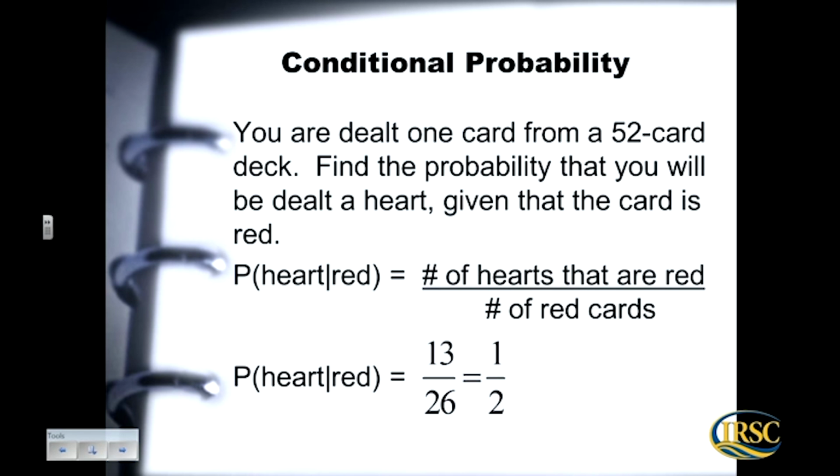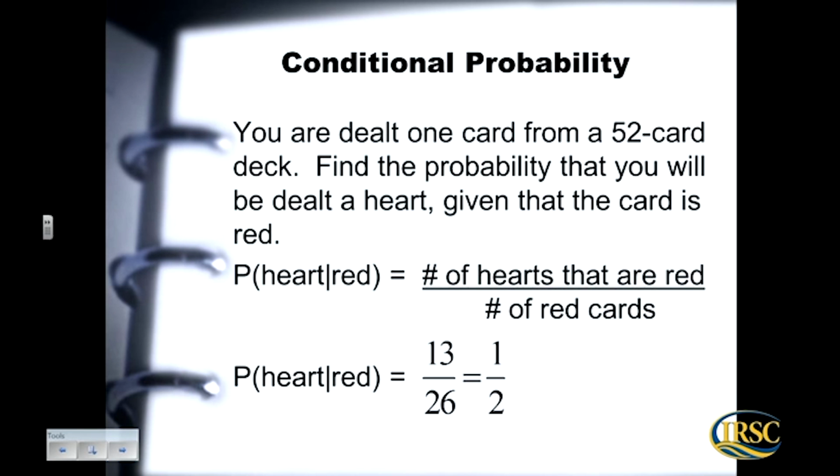Now notice the difference if you didn't know that that was red. The probability of getting a heart in general is 1/4, the 13 out of 52. But once you know that it's a red card, that probability goes up. And now the probability is 1/2 of getting that heart because you know that it's also red.